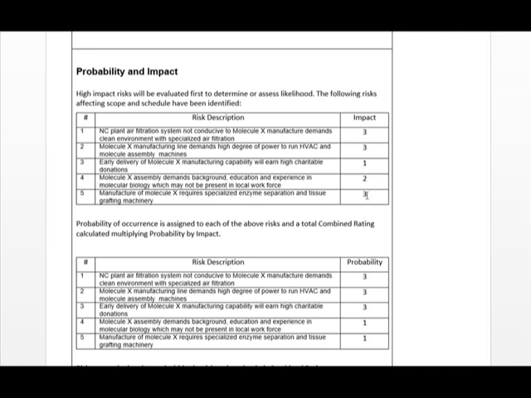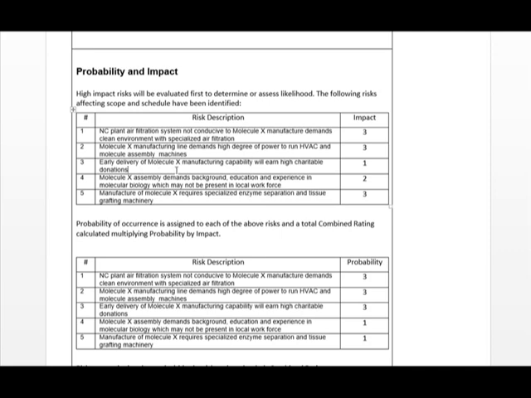Now, notice my impact scores. The early delivery one is an example of a positive risk. If we're able to deliver by, I forget if it's March or April, then for each week we are early, we are able to designate a charity that we can donate some monies to.